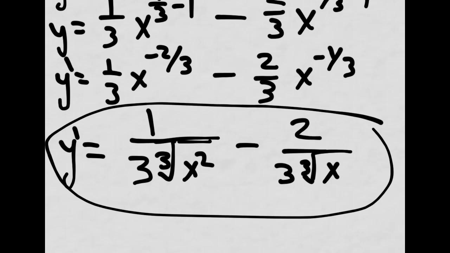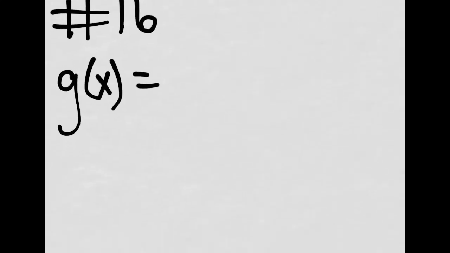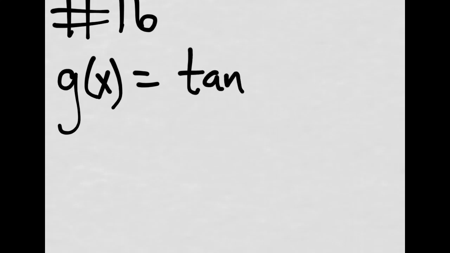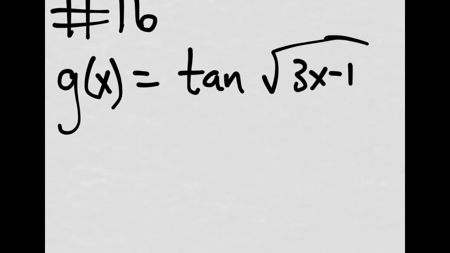So the derivative of tangent is secant squared, right? So this one is the tangent of the square root of 3x minus 1. Actually, this is like a chain rule inside of a chain rule. What's the outside function here?